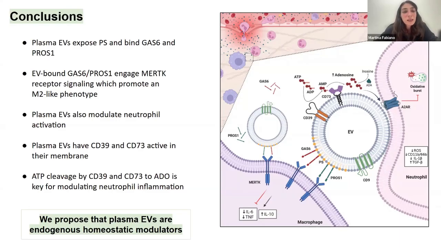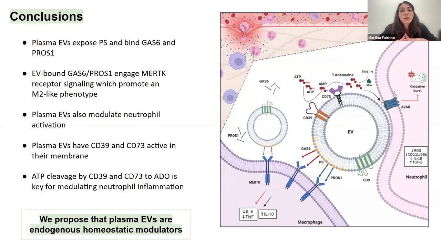Then, these bound Gas6 and protein S are able to engage the MERTK receptor, modulating macrophages and favoring an M2-like, anti-inflammatory phenotype, reducing IL-6 and increasing IL-10, as well as reducing TNF.